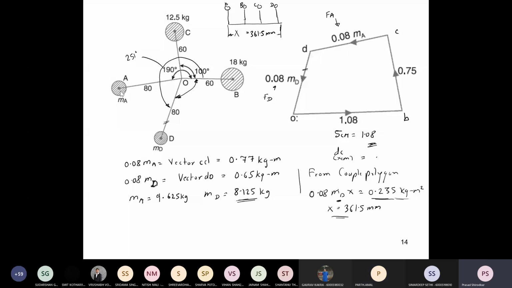Yes, sir, 355 is okay. 351, sir. 350 to 370 will be acceptable. Sir, I got 344. I told the range, so no need to individually announce. 350 to 370 is okay. Anything beyond that, then there is something wrong.